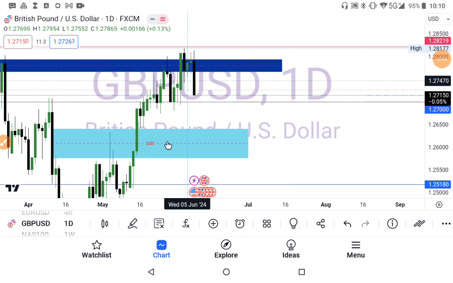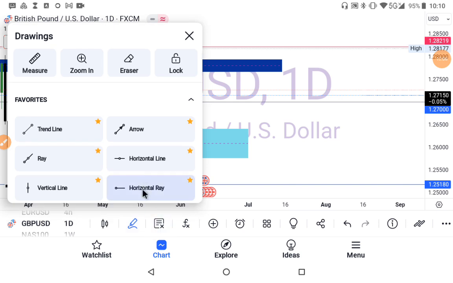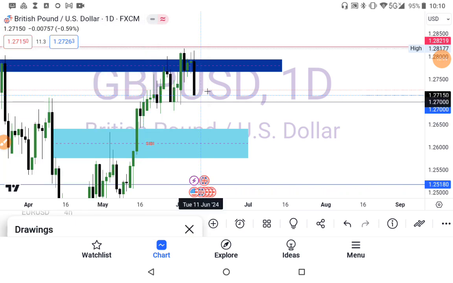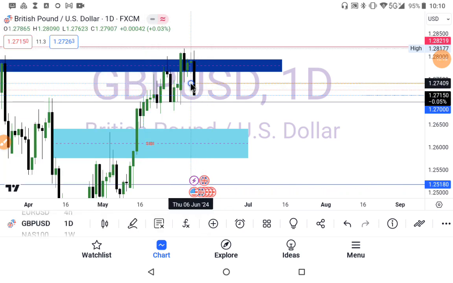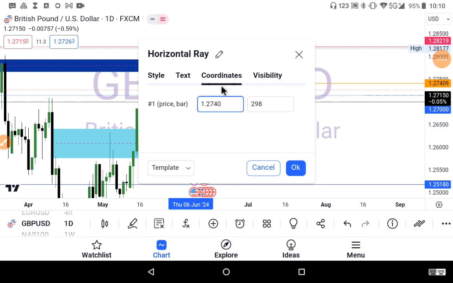So if I will be going for a trade, I'll be watching for the reaction of 1.27500. I expected 1.27500 to serve as a resistance.